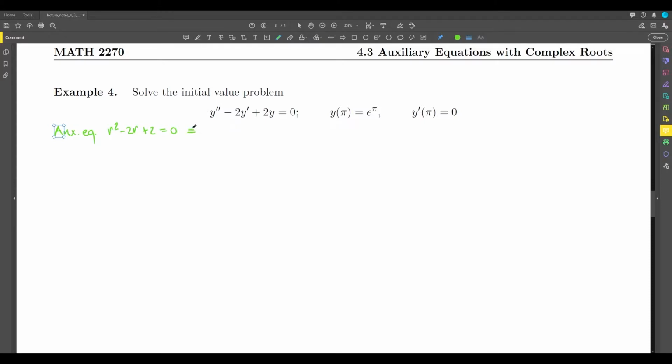And I'll leave it up to you to check that the roots of this auxiliary equation are given by 1 plus or minus i. So what that means is that our alpha equals 1 and beta equals 1.